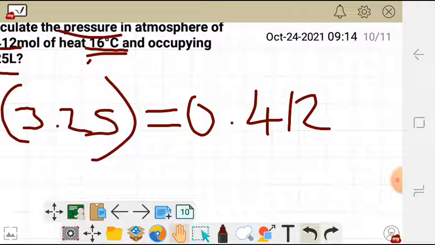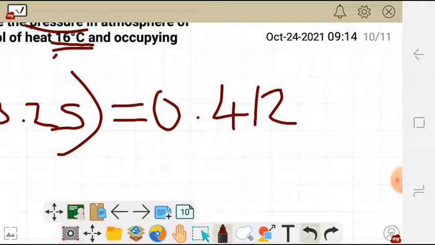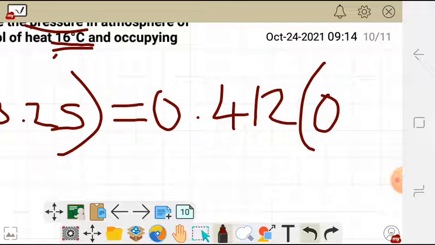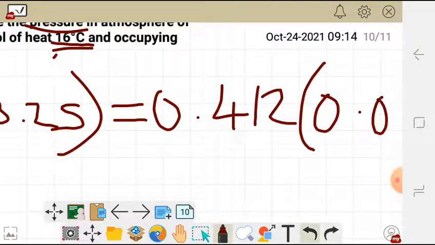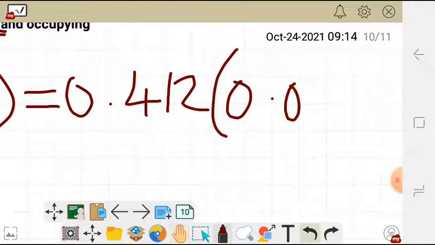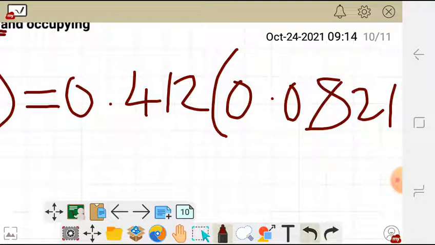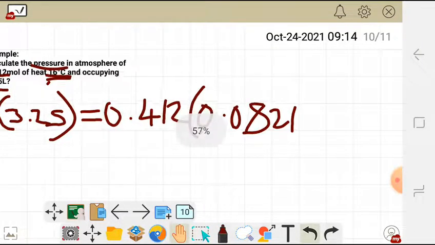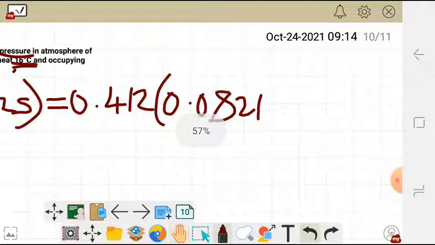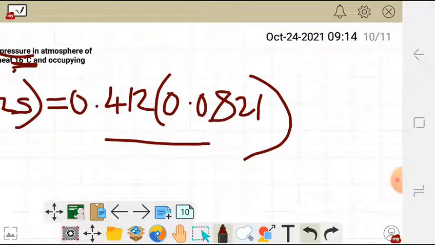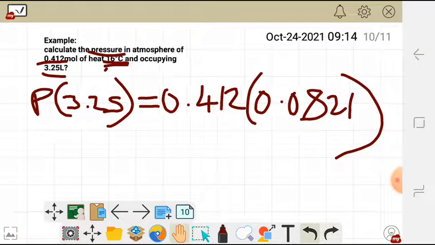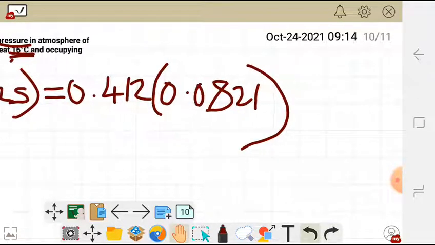If it is in atmospheres, then we use 0.0821. Our temperature is 16. Now 16, we need to convert to kelvins.